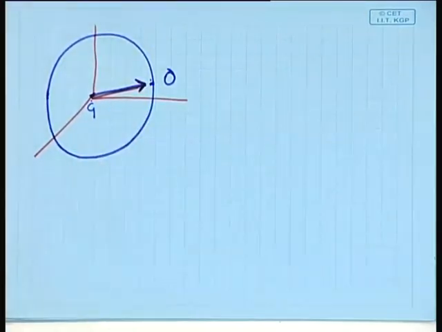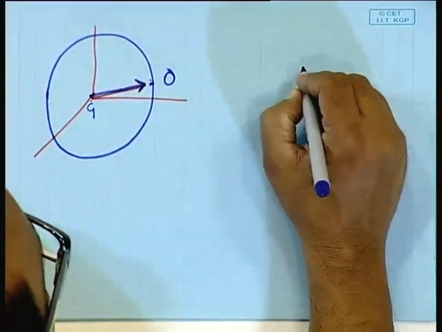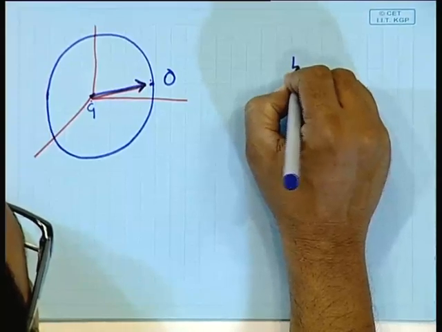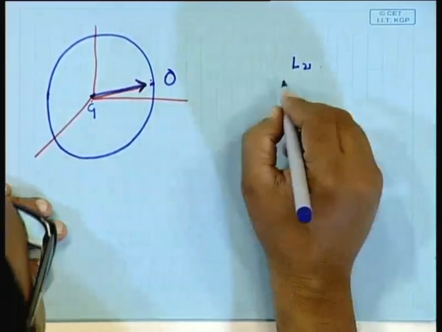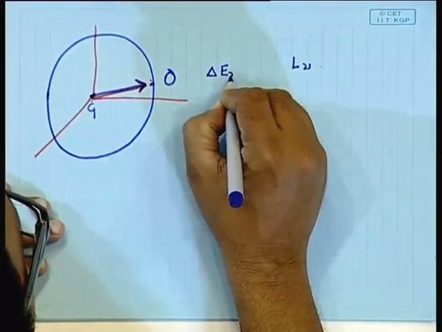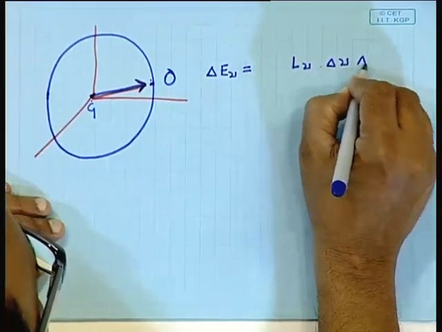Now, the light source has a luminosity L. So, the amount of radiation that comes out, delta E nu, is L nu delta T. This I have already told you.